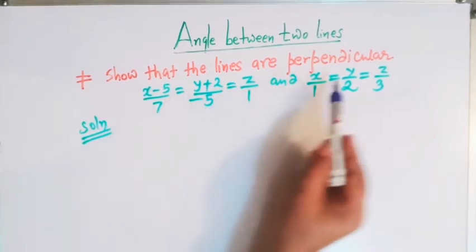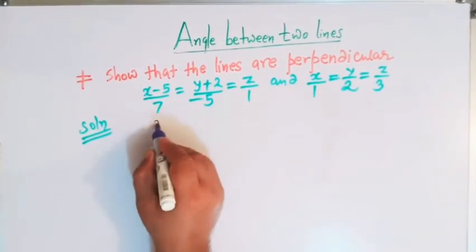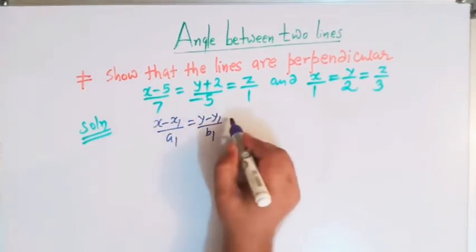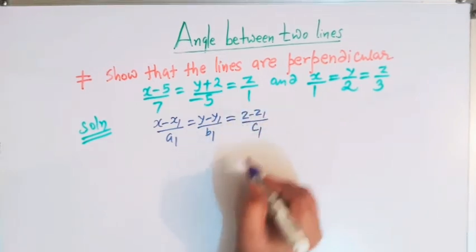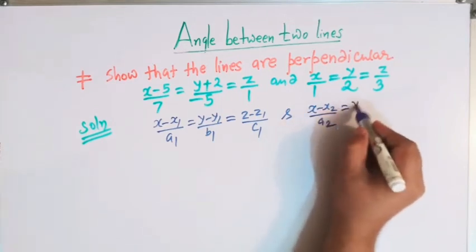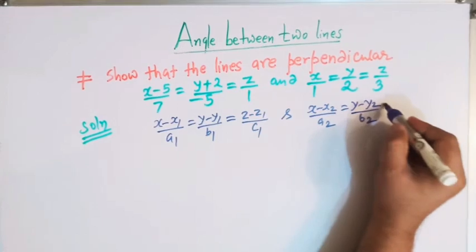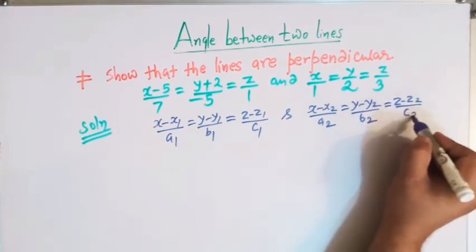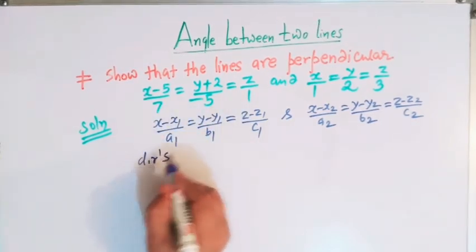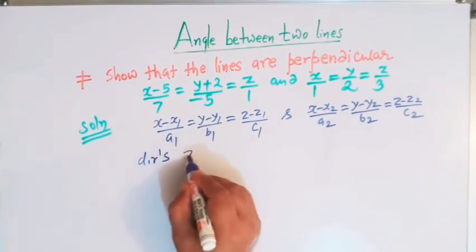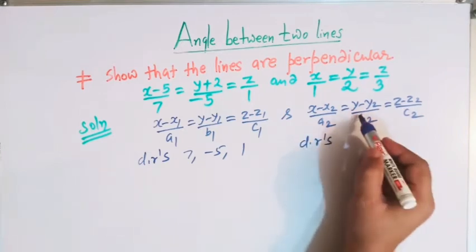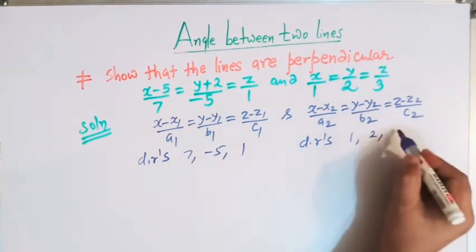Now if we compare these two lines with the standard form, that is x minus x1 divided by a1, y minus y1 divided by b1, z minus z1 divided by c1, and x minus x2 divided by a2, y minus y2 divided by b2, z minus z2 divided by c2, the direction ratios of the first line are 7, minus 5 and 1, and the direction ratios of the second line are 1, 2 and 3.